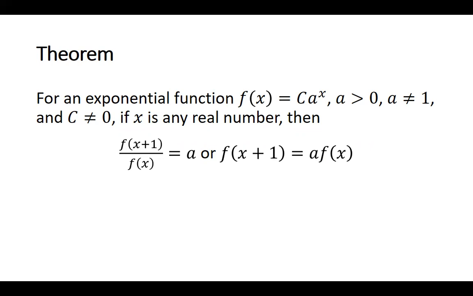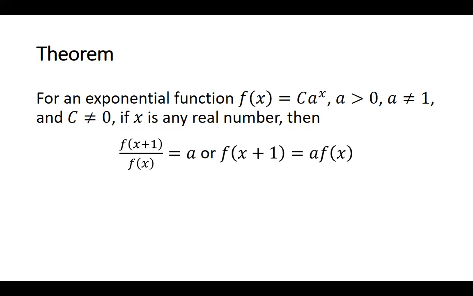So f of x plus 1 over f of x is equal to a. Well, what's happening here? We have c times a to some power. As that power increases by 1, what are we really doing? If we have a to the 4 and then we have a to the 5, aren't we just taking a to the 4th and multiplying it by a?